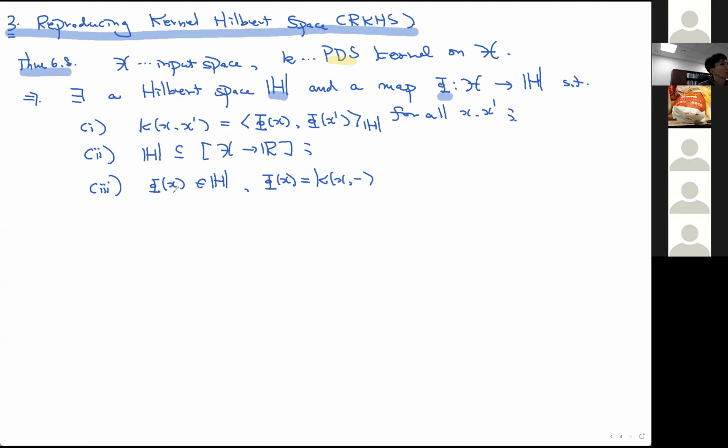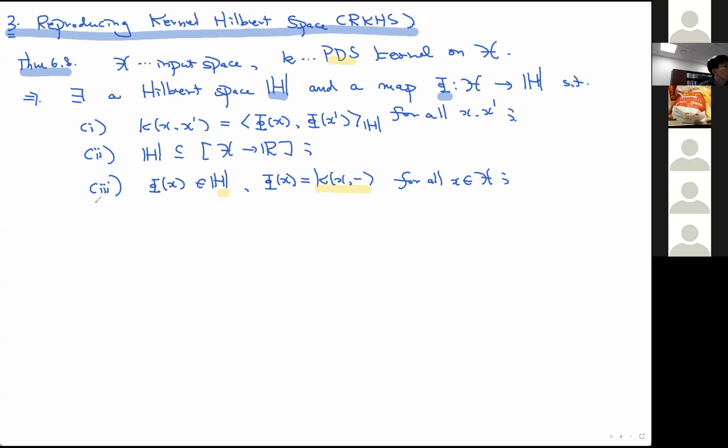That is exactly this feature map. So the partially applied kernel corresponds to phi of X. That also implies that these partially applied K are all going to be in H.